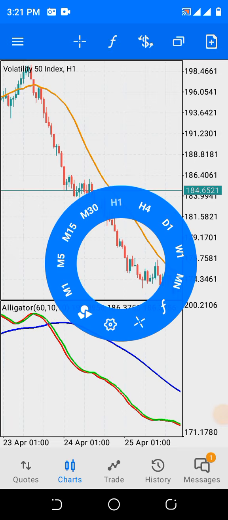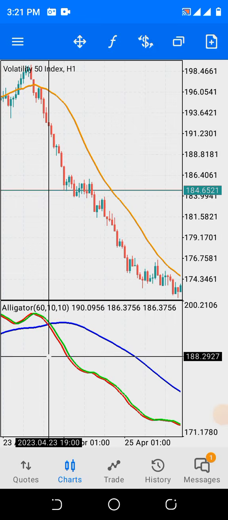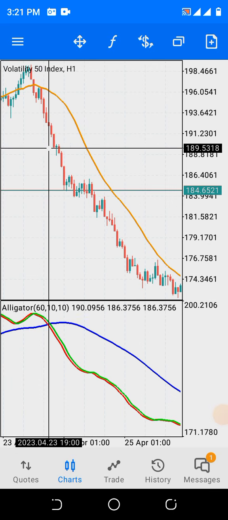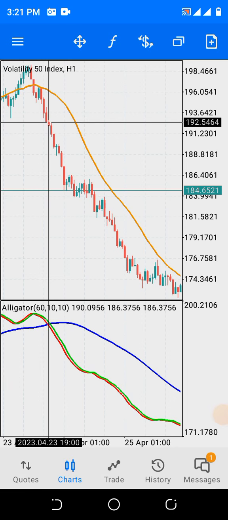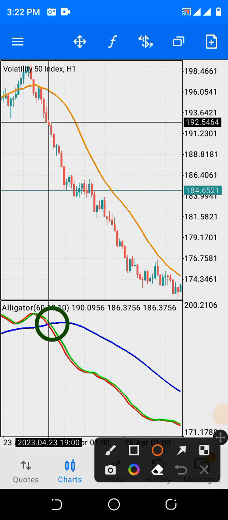Now here the green and the red line of the alligator cross the blue line of the alligator. So at this point you make your sell entry. Do you understand? The point where the crossing occurs, that is where you make your sell entry. Look at the candlestick where the crossing occurs here.